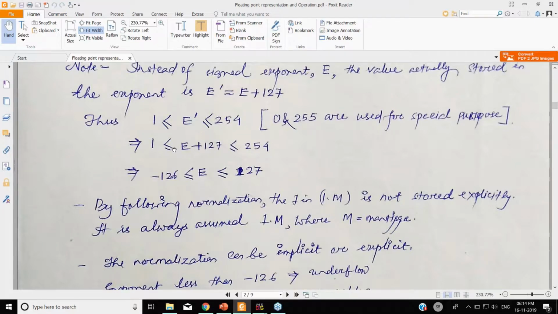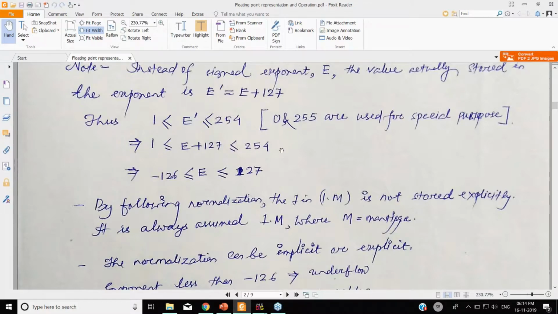To put the exponent in its negative interpretation, we have added a bias to it, so the stored value is equal to e plus 127. So when we find the exponent in evaluation, e can be equal to minus 126, since 1 equals e plus 127; taking 127 to the left hand side, it becomes minus 126.